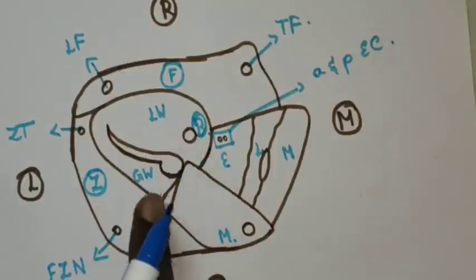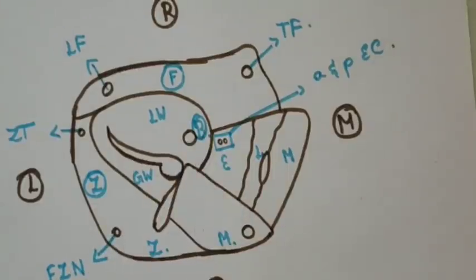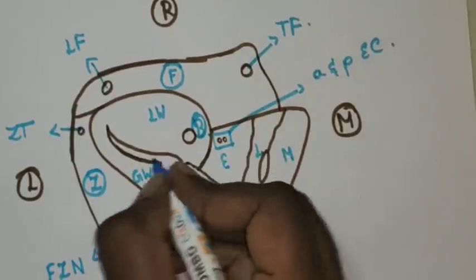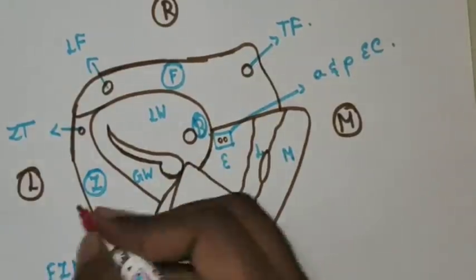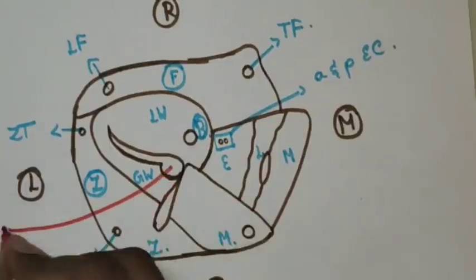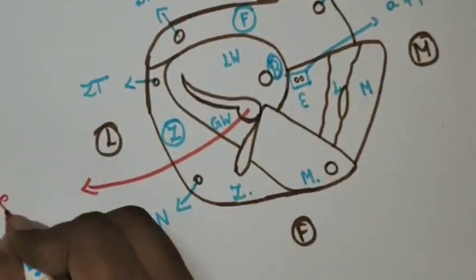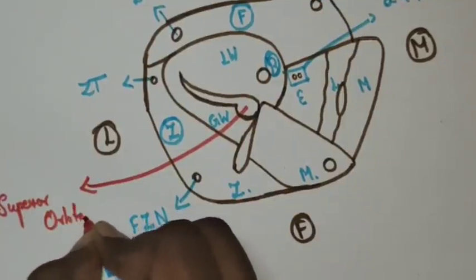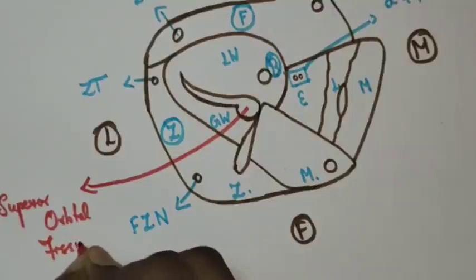So what are these things in between? As we discussed, this will be our superior orbital fissure.